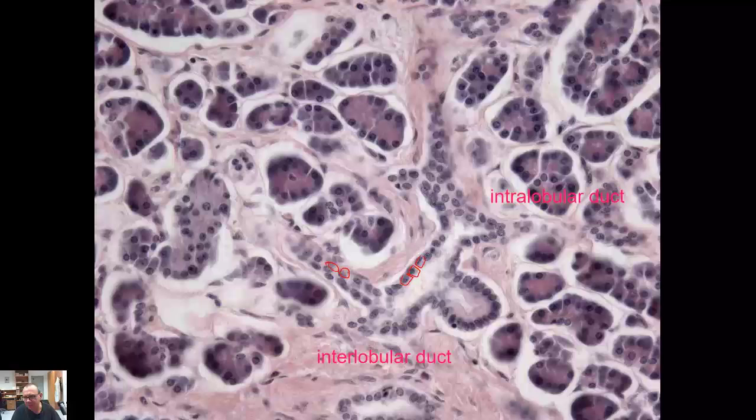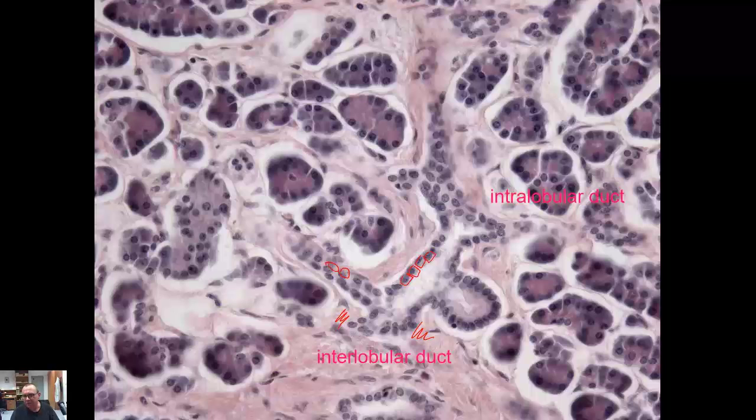You can see that the cells have the same height and width, and mainly the nuclei become spherical because they correspond in shape to the shape of whole cells. So intralobular ducts are lined with squamous to cuboidal epithelium.